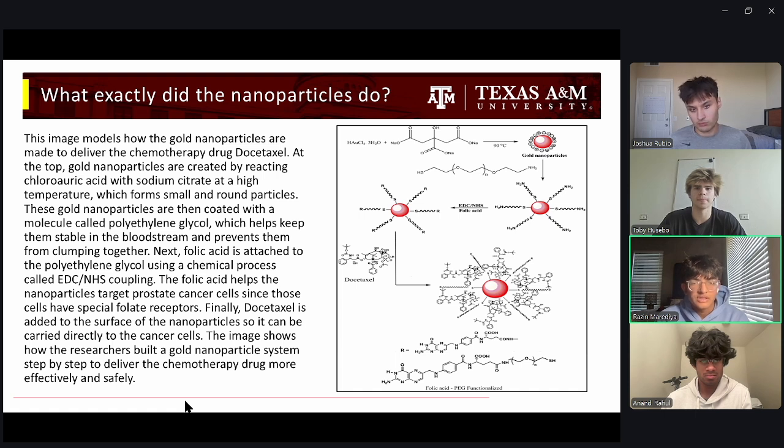The folic acid helps the nanoparticles target prostate cancer cells since those cells have special folate receptors. Finally, docetaxel is added to the surface of the nanoparticles so it can be carried directly to the cancer cells. The image shows how researchers built the nanoparticle system step by step to deliver chemotherapy drugs more effectively and safely.